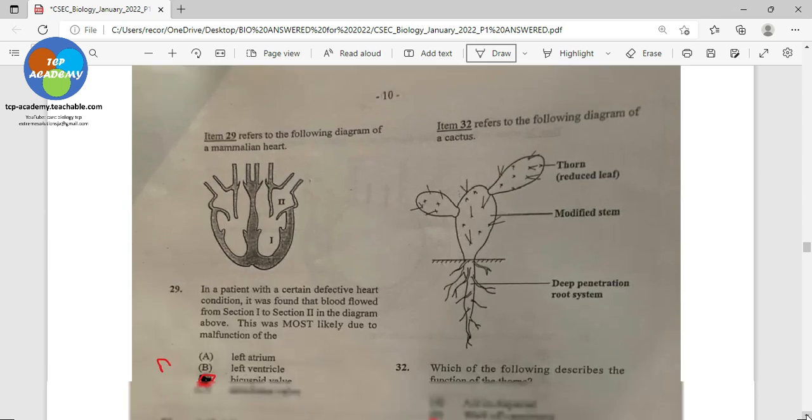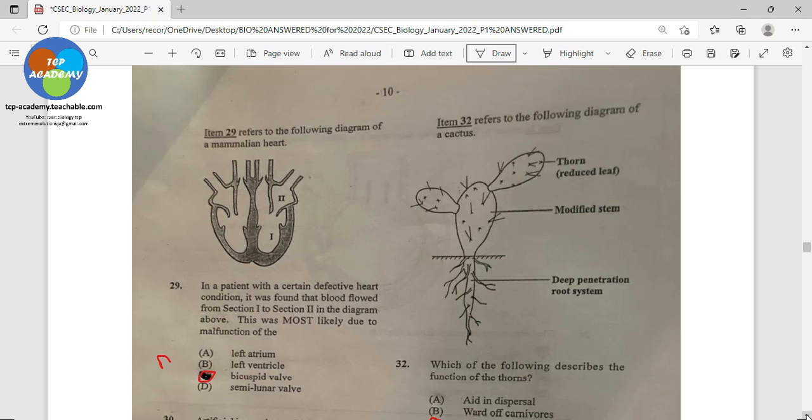We move on to 29, which is a new question, and it reads, item 29 refers to the following diagram of a mammalian heart.